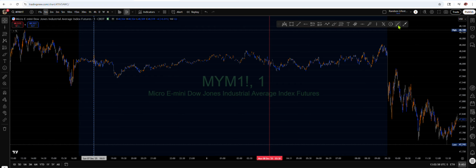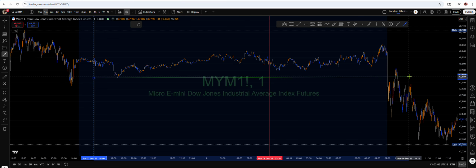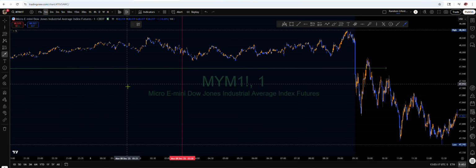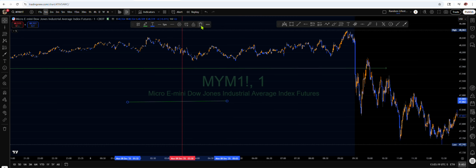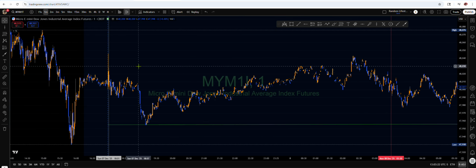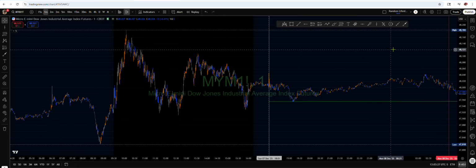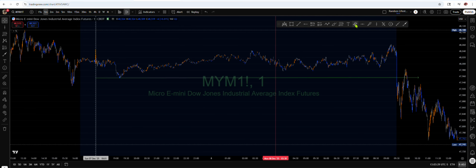So we're looking for two things from Asian to London. We are looking for the lower low for Asian, and we're looking for a higher high for Asian, right?